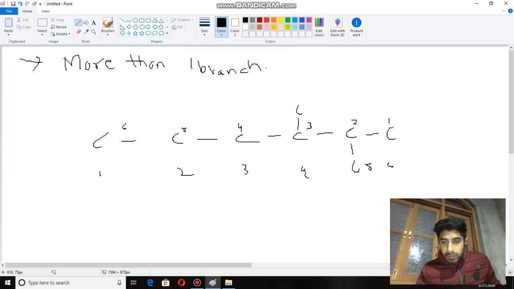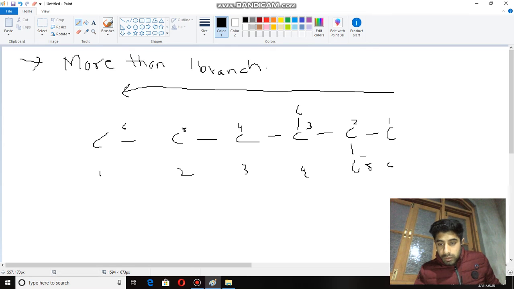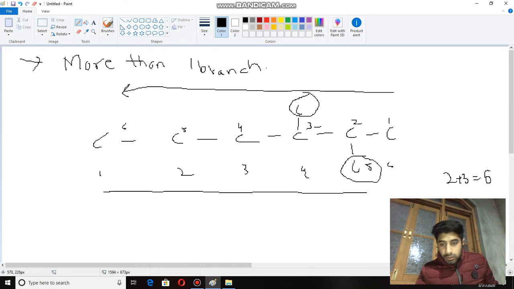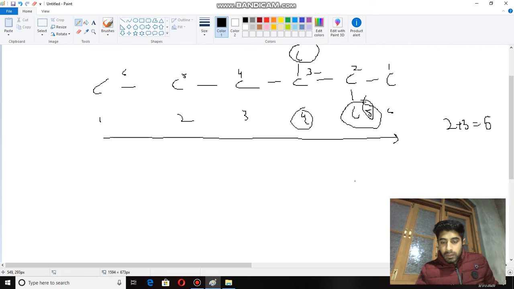Now look at one thing. When you number this chain from here, the branches this and this get the number 2 3. Right, here 2 plus 3, that is 5. And now when we number this chain from here, these two branches get the number 4 and 5. See, now 4 plus 5 is 9. Now this rule which I am going to tell you, it's lowest sum rule.